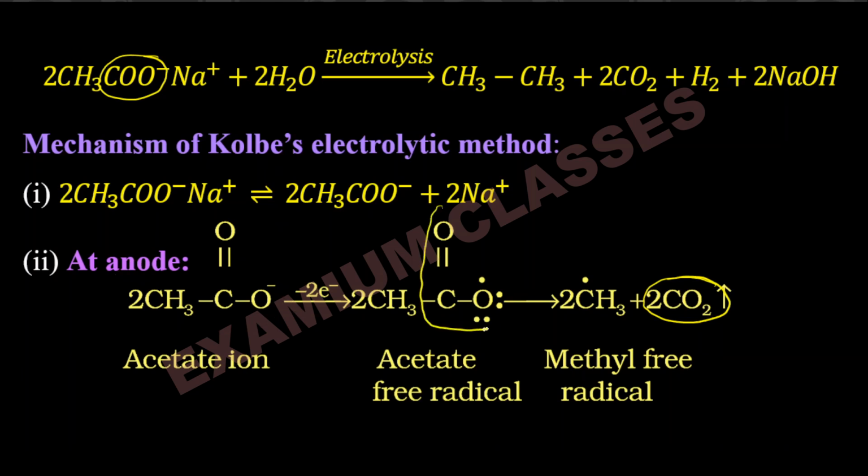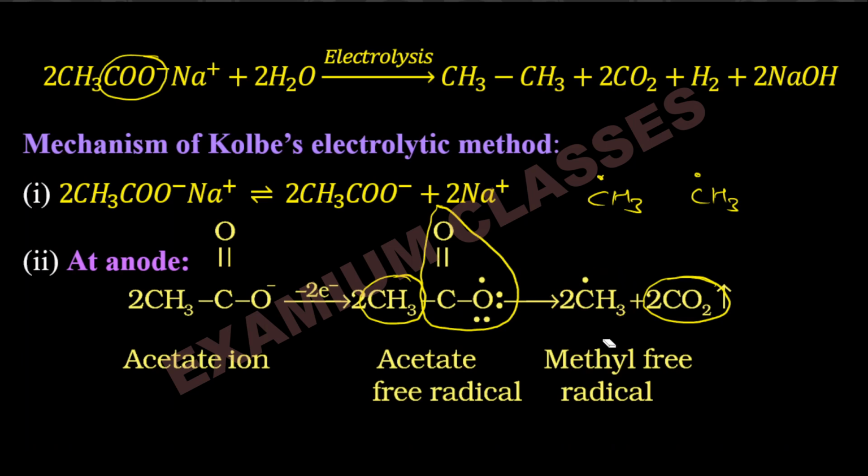This part is released as carbon dioxide, and this CH3 is not an alkane. It can exist only as a free radical, and a free radical obviously is not stable. Standing alone, it is not stable. So that's why in the next step, these two CH3 will combine. One CH3 has 1 electron, another CH3 has 1 electron.